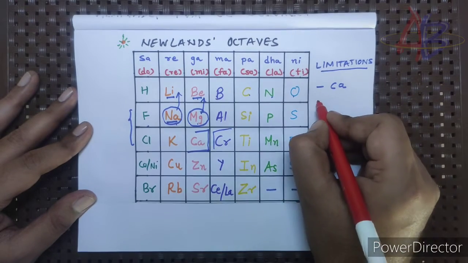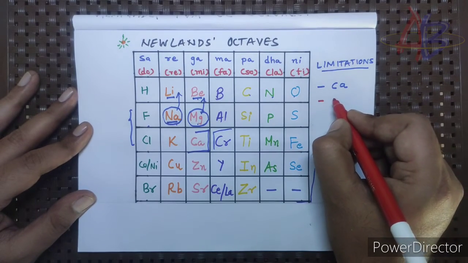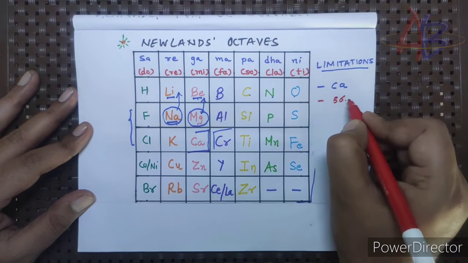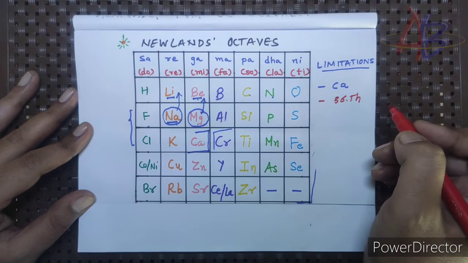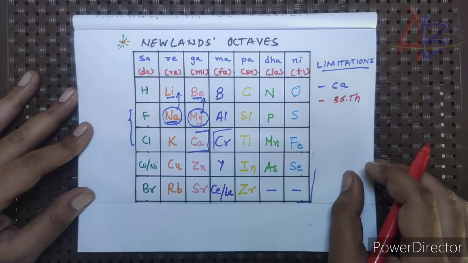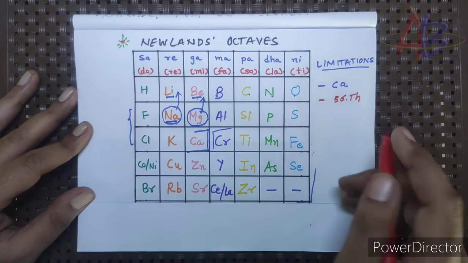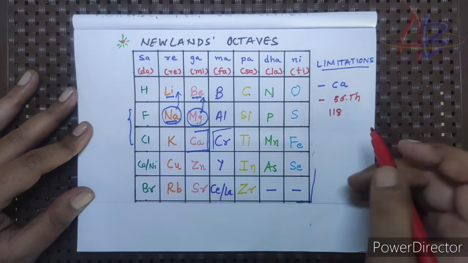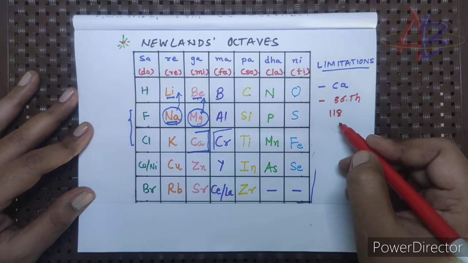Another limitation of Newland's law of octaves is that he considered that after 56, that is thorium, there would not be any other element discovered in future. Now think about this. Right now in nature there are 118 elements known. There is a very huge gap between the two.